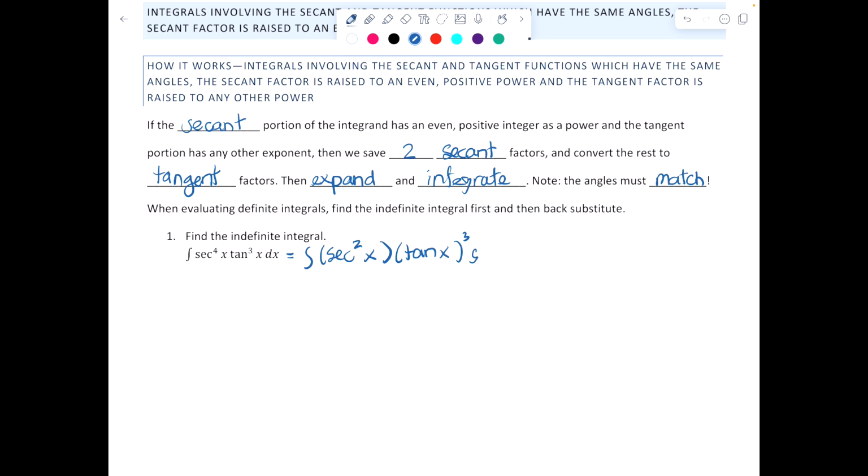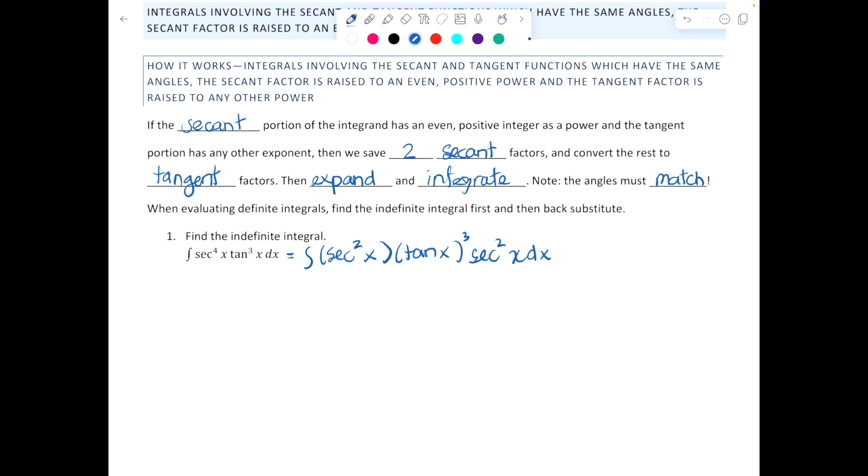And this other portion we're going to hang on to, because at the end of the day our g of x is going to be tangent at x, so we're going to need a secant squared at x dx for our g prime. You see the evil plan?